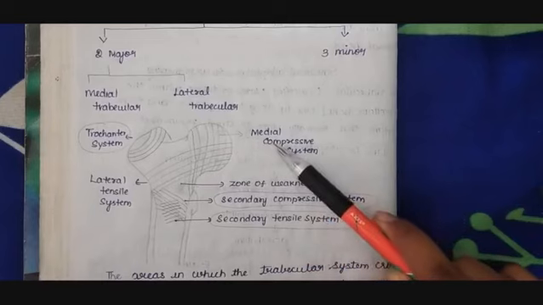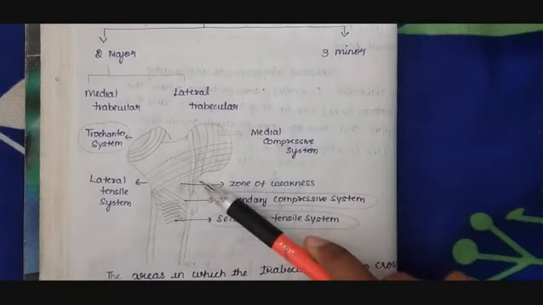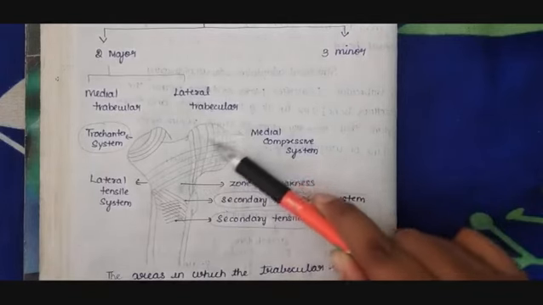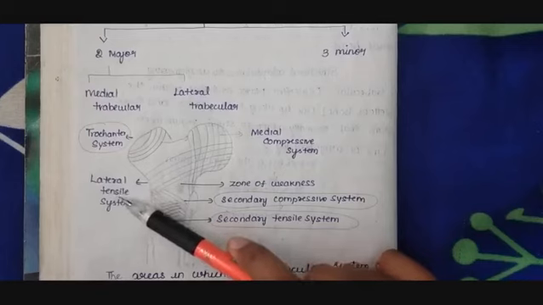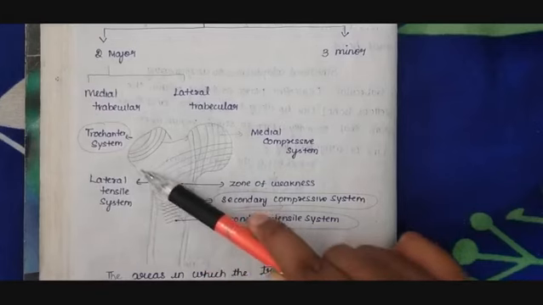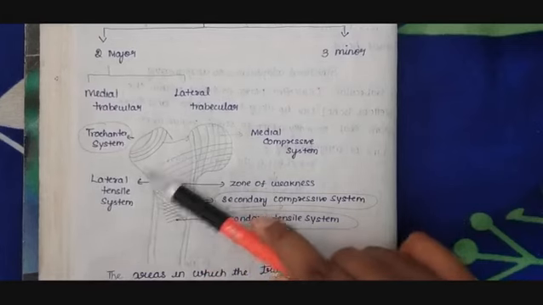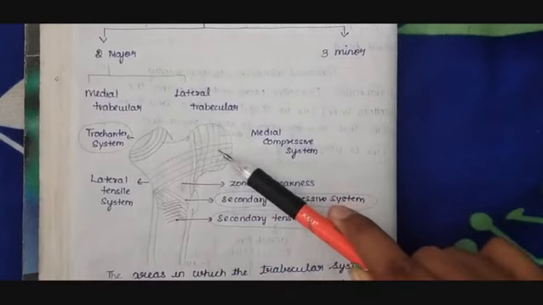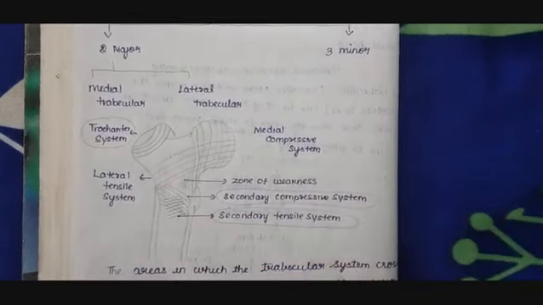The medial compressive system arises from the medial cortex of the upper femoral shaft and terminates on the superior aspect of the femoral head, whereas the lateral tensile system arises from the lateral cortex of the upper femoral shaft, crosses the medial compressive system and terminates on the inferior aspect of the femoral head.